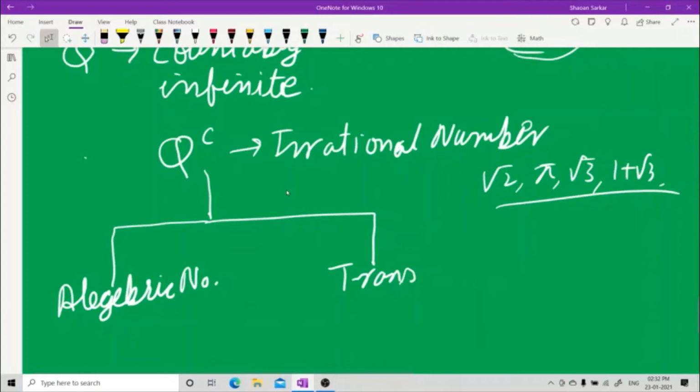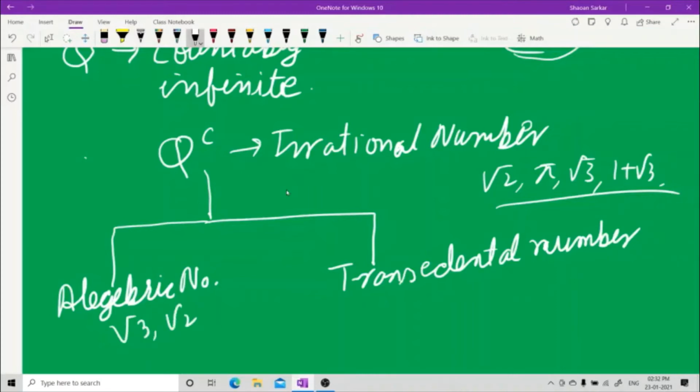I'll just tell you the examples. Under root 3 and under root 2 are algebraic.